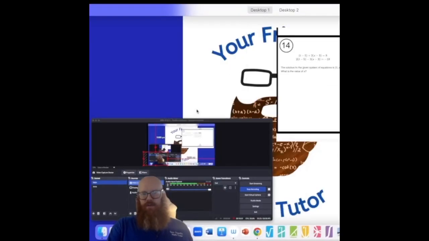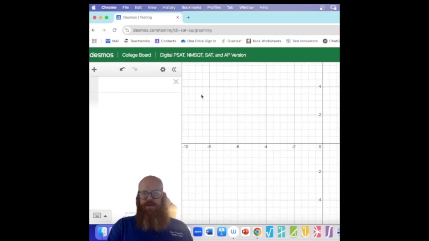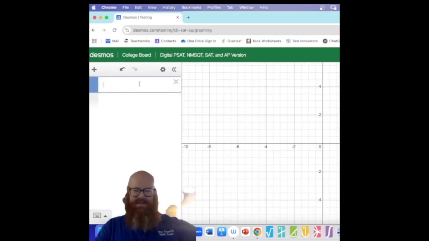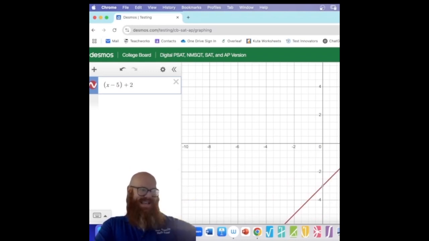All right, so I'm going to go over to Desmos, and I am just going to plug that in as is. So literally, also, I'm not going to plug it in as is. This might be obvious to some of you. I am going to change the T's to X's and the S's to Y's, just because they mentioned the T first, so I'm going to make that X, and then I'm going to do Y minus 3 equals 8.